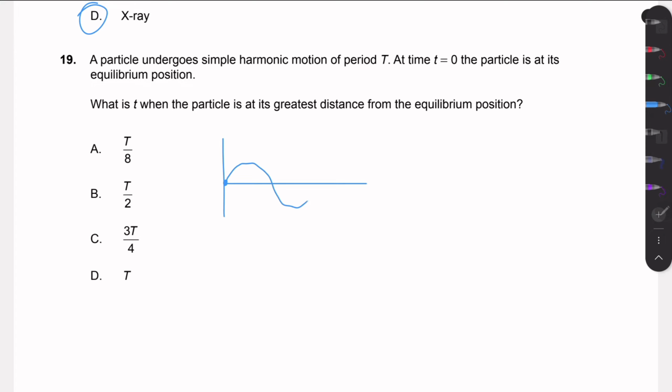So let's say that we have a sine graph, and this is T, so this is one period. Then this is T over 2, this is a fourth of the period, and this is 3T over 4. So greatest distance from the equilibrium position is here and here, so either T over 4 or 3T over 4. We only have 3T over 4, so C.